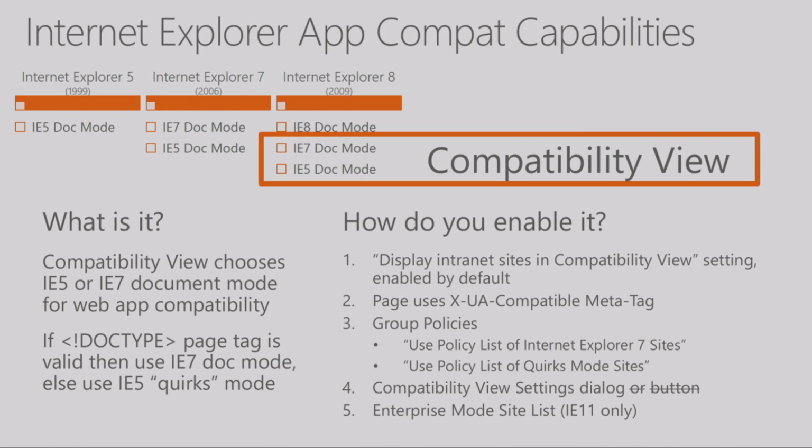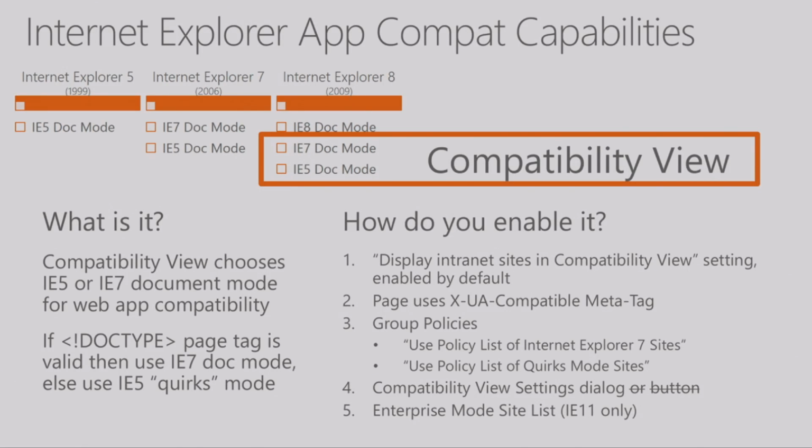You can enable this because on the compatibility view settings dialog, you'll see a setting that says display intranet sites in compatibility view. We knew in 2009 from talking with you, our customer base, that you had hundreds and thousands of applications that were written using IE5 or IE7 standards. So we had to figure out how do we make the internet work but still support your legacy line of business applications.